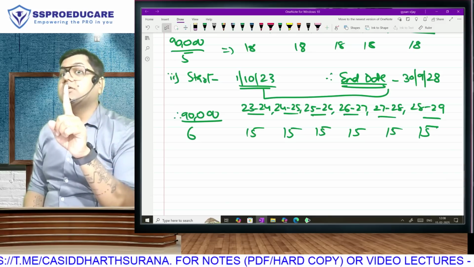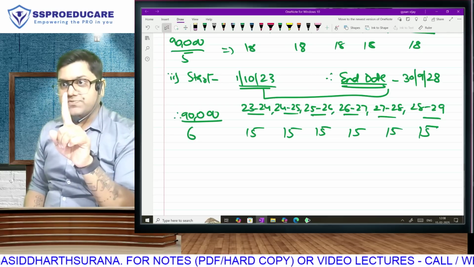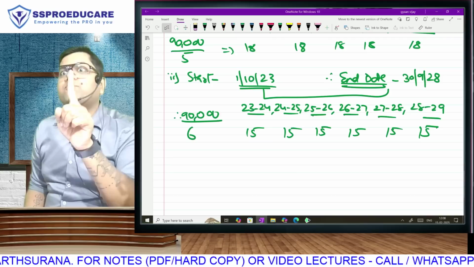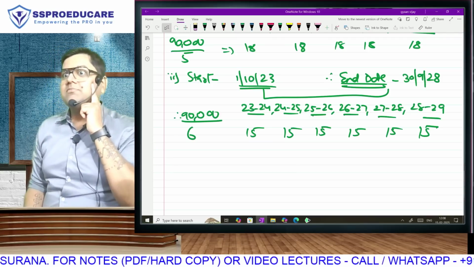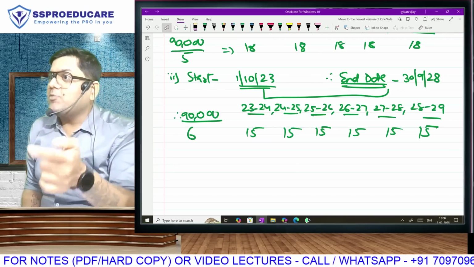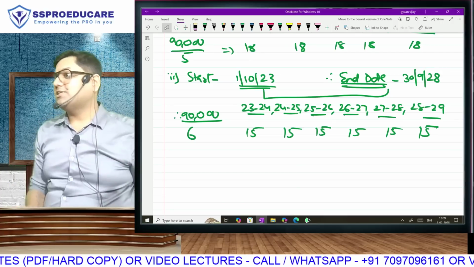But listen, ladies and gentlemen. You can write a note like this also. If any policy starts on 1st April, then policy years and denominator will be the same. If any policy starts on any other date, the denominator will be 1 year extra, because the financial year will be on this side and this side.